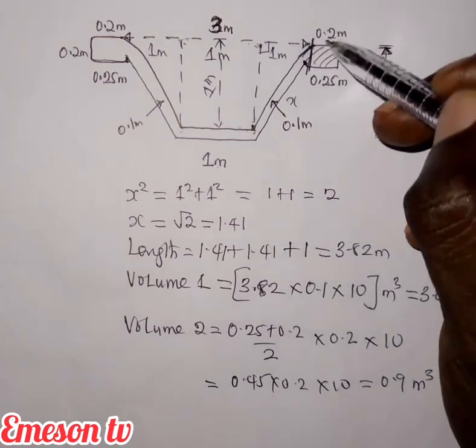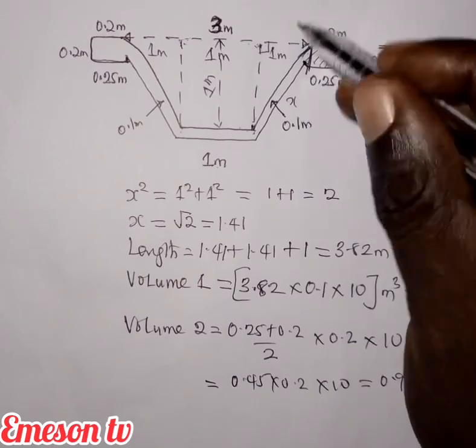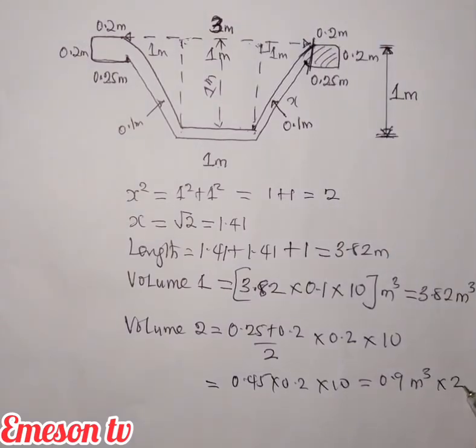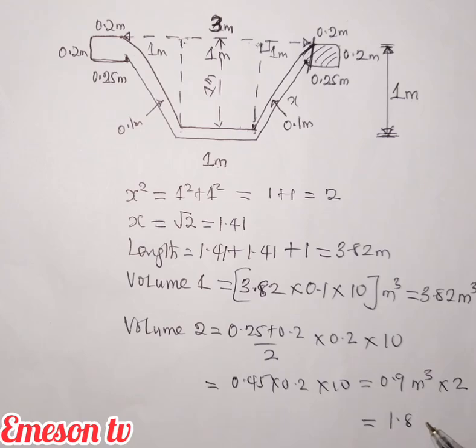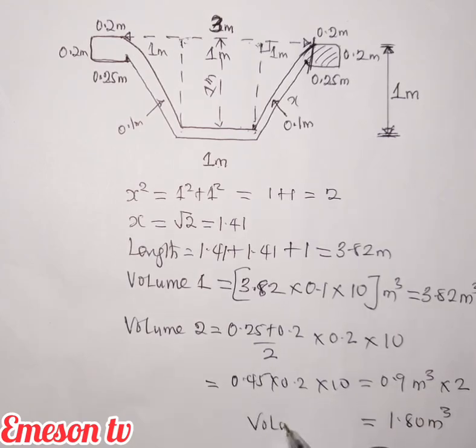So we have known the concrete here. So we have to multiply by 2 to cover for the concrete here. So when you multiply this by 2, we're having 1.80 meter cube. So this is for volume 2.